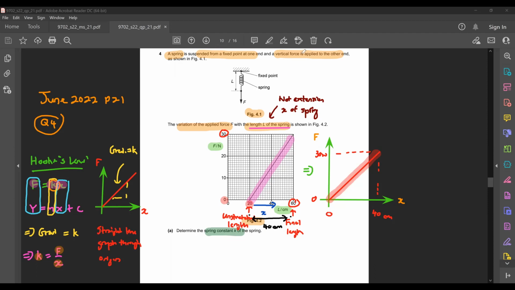Let's use the first method, which is the gradient. K is equal to the gradient. It will be 30 minus 0 over 0.4 minus 0. Remember to change the extension from centimeter to meter.